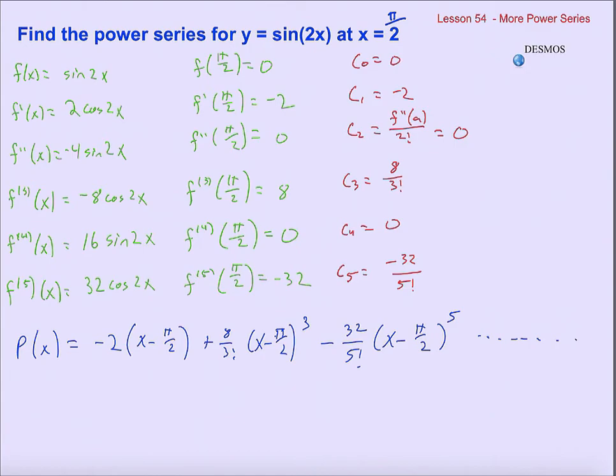If you were asked to put it into sigma notation, your job would be to recognize the patterns. First off, I'm going to start with n equal to 1 this time and go to infinity. The reason is because I start with a negative.